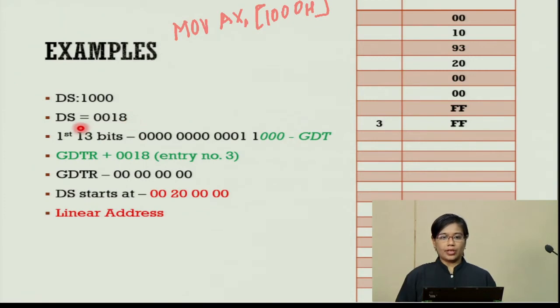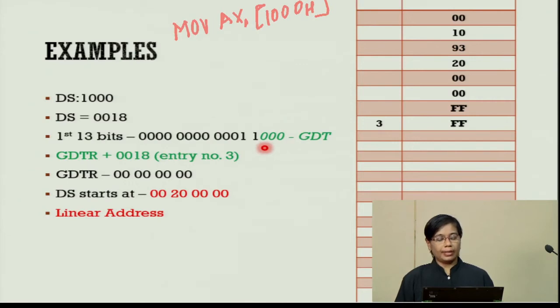The data segment register, for convenience, let's say has a value 0018. This again is going to be in hexadecimal. Now if you look at this in binary, the first 13 bits would be 000, 000 and 0001. The rest of the 3 bits you have to look at like a selector. The first 13 bits give the selector's value.